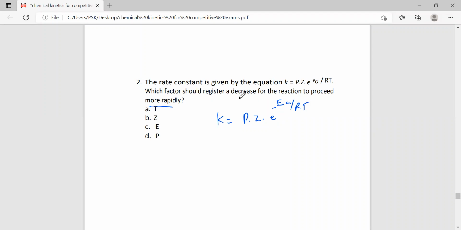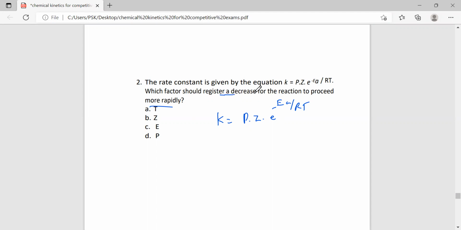Temperature, collision frequency, energy of activation, and P stands for orientation. We spoke about the orientation factor, we spoke about the energy factor, and EA is the energy. Now, if the reaction has to proceed more rapidly, what has to decrease?